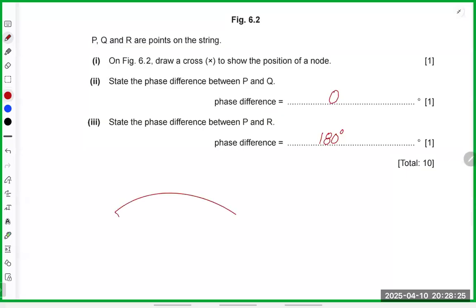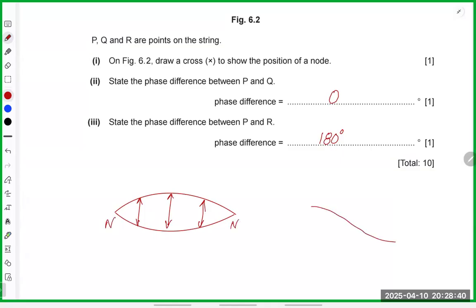If we have a loop like this, all these particles are vibrating in phase. So they're all in phase from one node to another node.